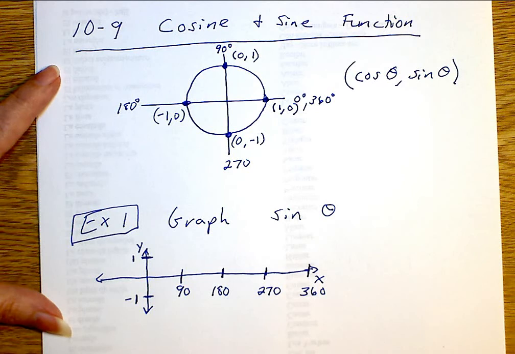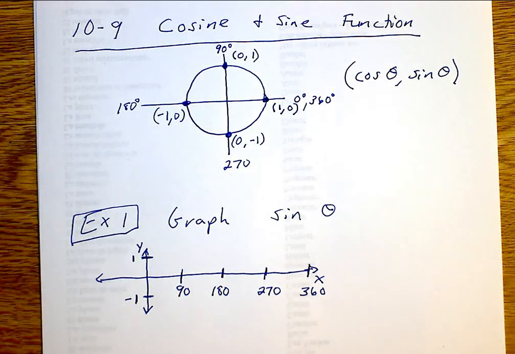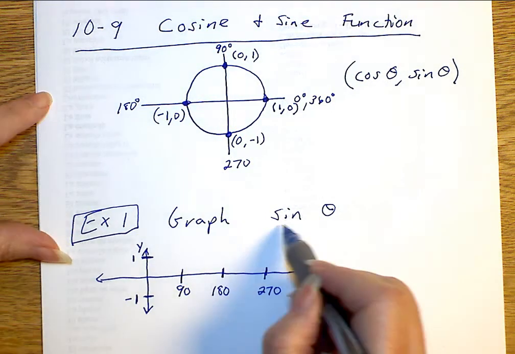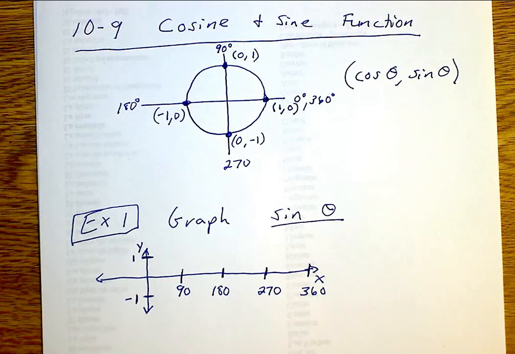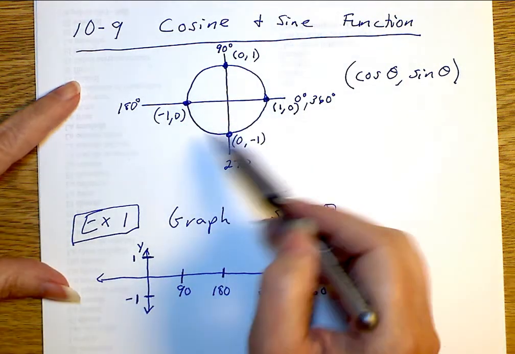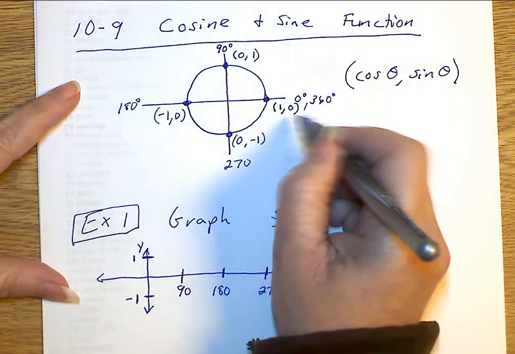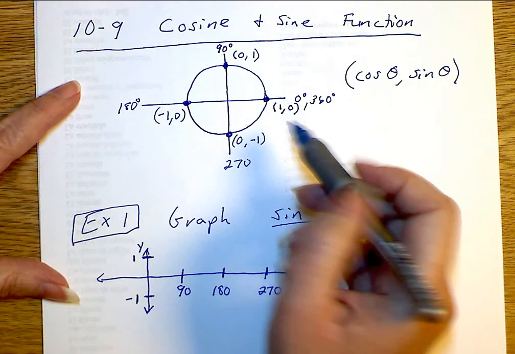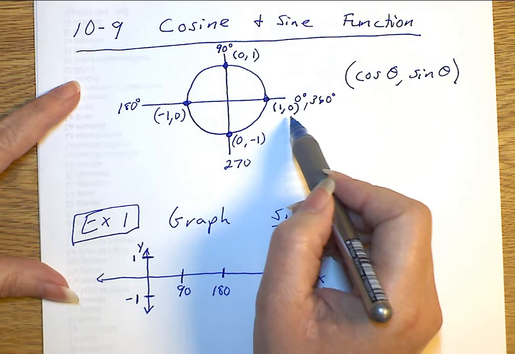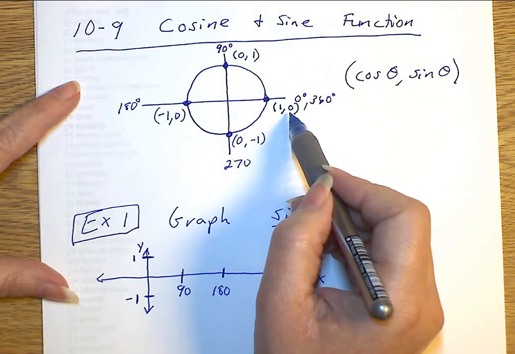All right. So now we have to think about what we have. We are graphing our sine theta. Sine theta was what numbers? Was it my x or my y's? My y's. So when you go up here, you're looking at your y's for sine.